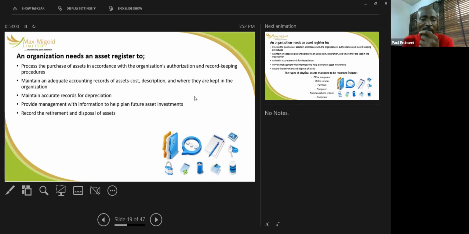Then you can use your asset register to maintain an adequate accounting record of your asset cost, the description of your asset, the current location of your asset in that organization. Then also you can use your asset register to maintain accurate record for depreciation value. It can also help the management to get information on how to plan for future asset investment.